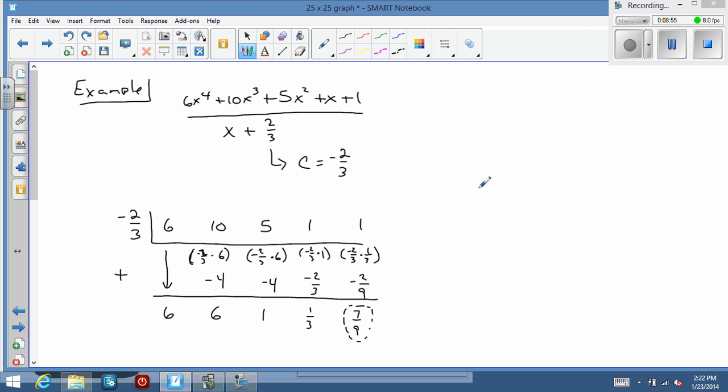So if we write that out as an answer, that is 6x. We have to decrease our exponent, the leading term, from 4 down to 3, so 6x to the third. And then we just keep on decreasing by 1. So 6x squared plus 1x plus 1/3, because now we're out of x's, so the 1/3 is a constant. And that's why the 7/9 is a remainder.